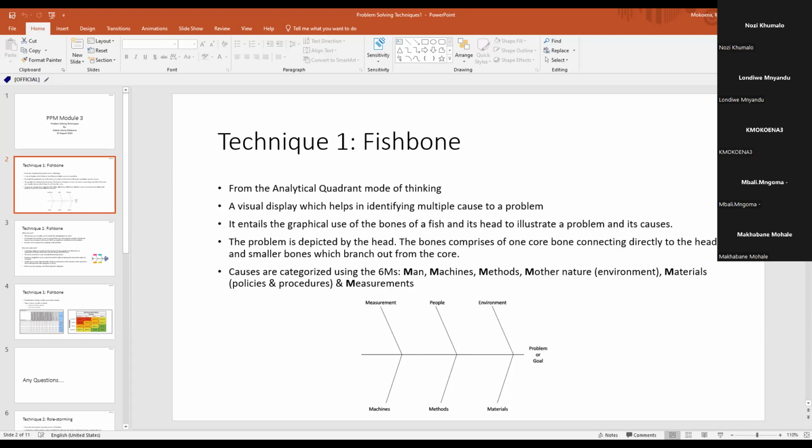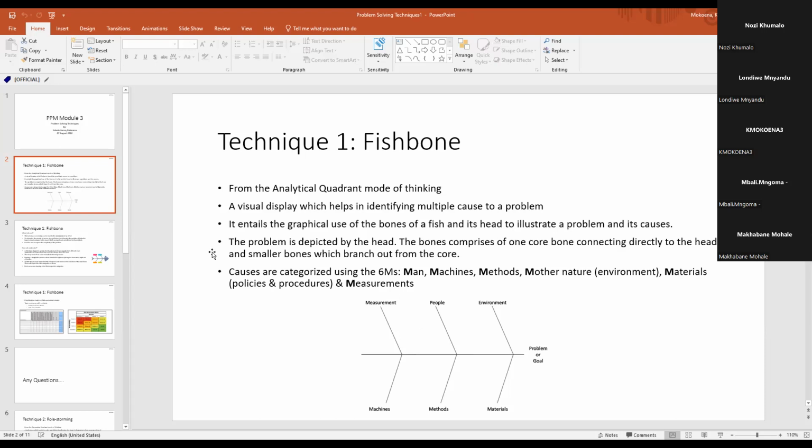So it's more of dissecting a problem, but you want to display it visually. It entails a graphical use of the bones of a fish and its head to illustrate a problem and its causes. So adhering to the structure of the fish is also a requirement.